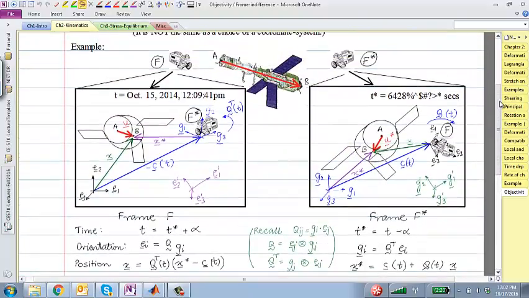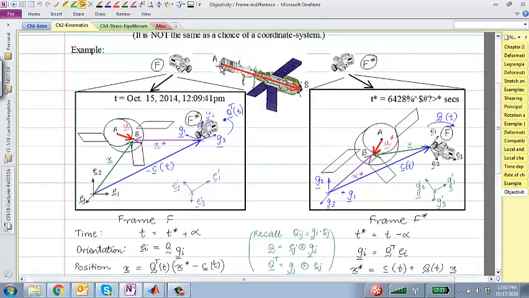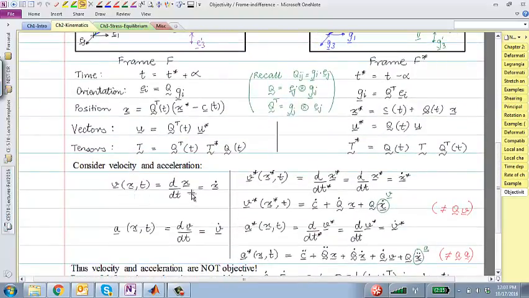So you might say that, okay, in frame F, I'm going to measure the velocity of the point A. It's maybe moving in some direction. Frame F says my velocity v is just the rate of change of position of point A or of point B. Similarly, frame F star measures the same thing, rate of change of position of point A or of point B. You can show that the velocity v, which is the rate of change of position, is not objective.